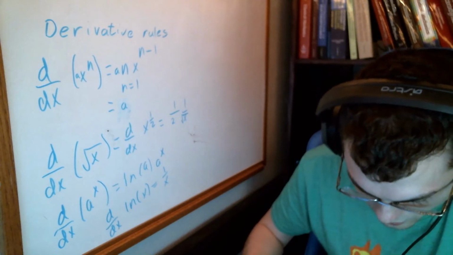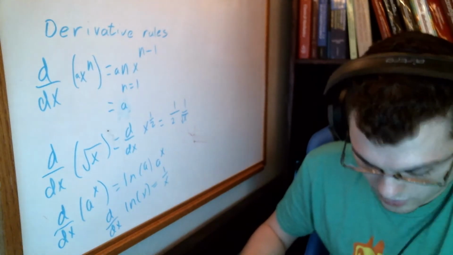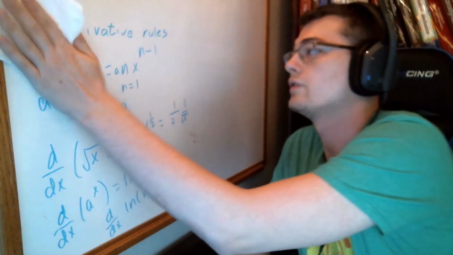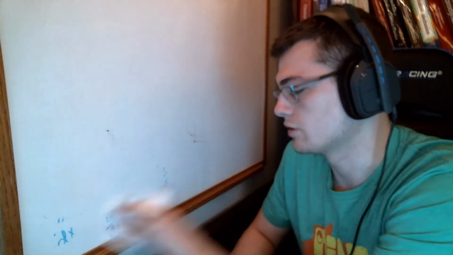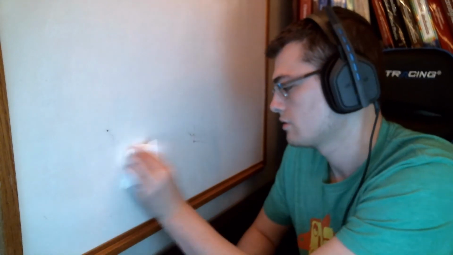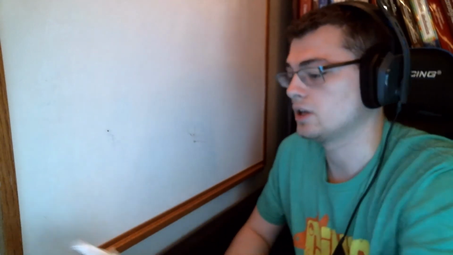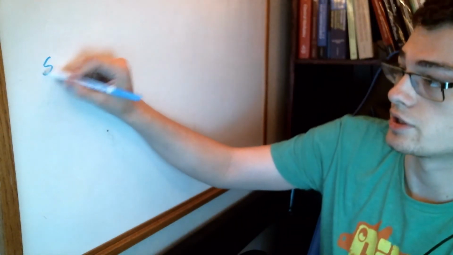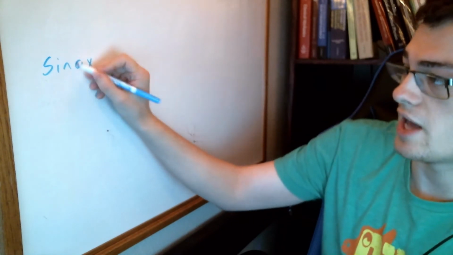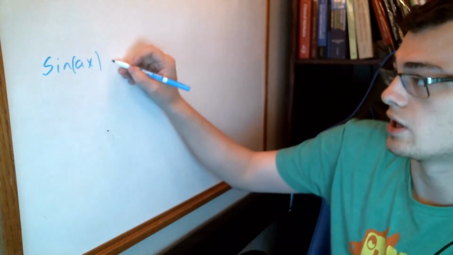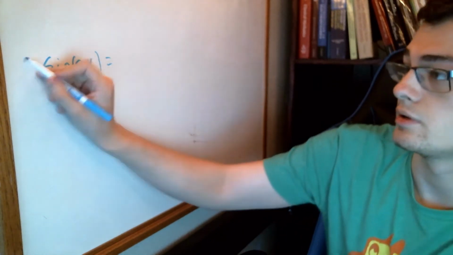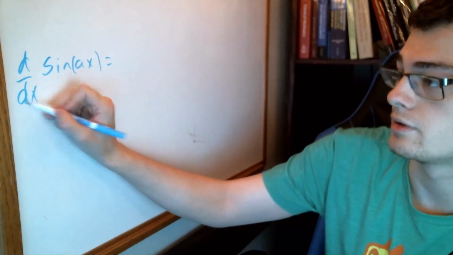Okay, trig derivatives. So the derivative of a sine function is just going to be our cosine function. And if there is an extra coefficient inside of our sine function, such as an a or some kind of constant, then let's do the derivative here.